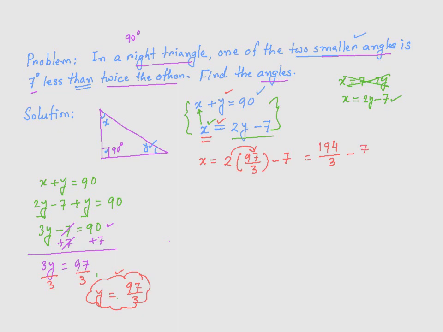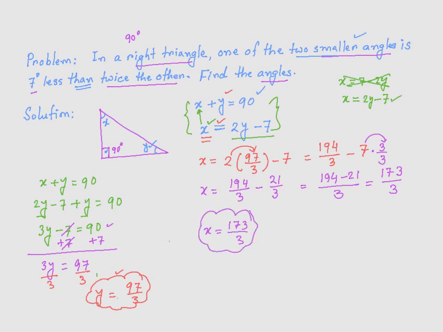Now I've got to make the denominators the same, so I'm going to multiply 7 by 3 and divide by 3. Now I will have x is equal to 194 over 3 minus 7 times 3, which is 21 over 3, which is 194 minus 21 over 3. That is equal to 173 over 3, and I'm just going to leave it as a fraction as well. X is equal to 173 over 3.